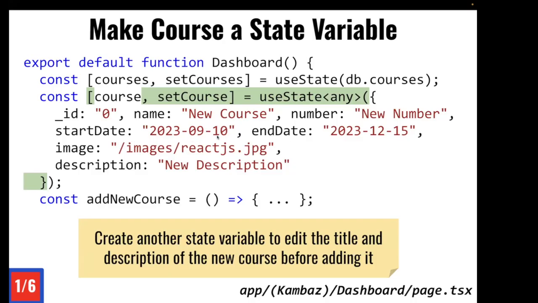Okay, and so we're going to use that so that if we edit a course, instead of adding the same course over and over, we're going to be able to edit the name of the course, or the description of the course.